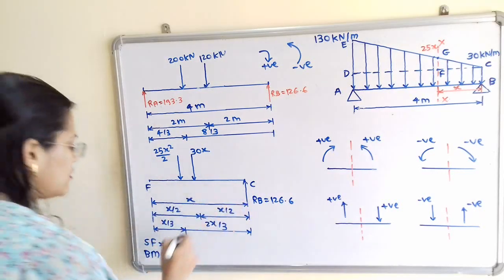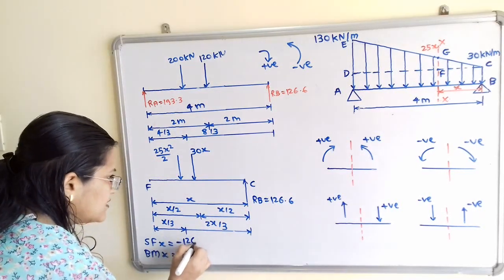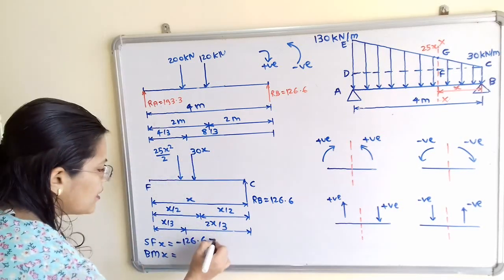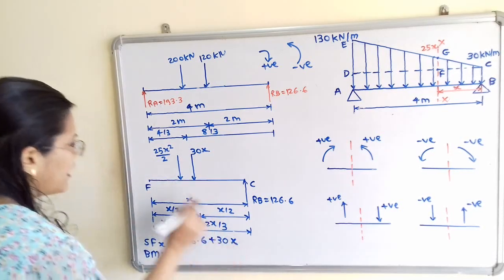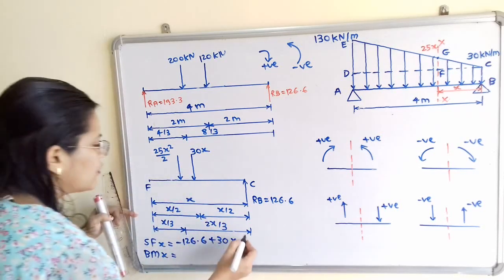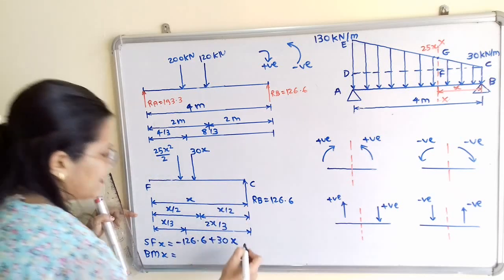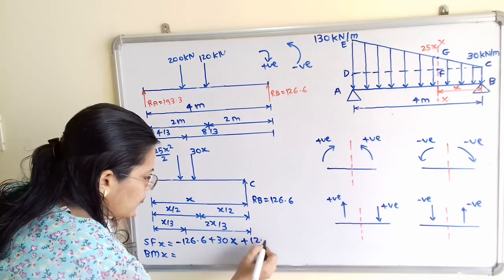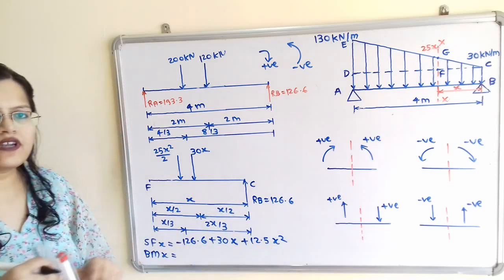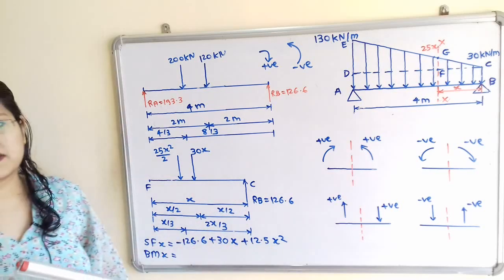So I will take here minus 126.6, then this is the downward direction, plus 30x, and this is also in downward direction. 25 by 2 is equal to 12.5x square, so I will take plus 12.5x square. So this is the formula to calculate shear force at any distance x.